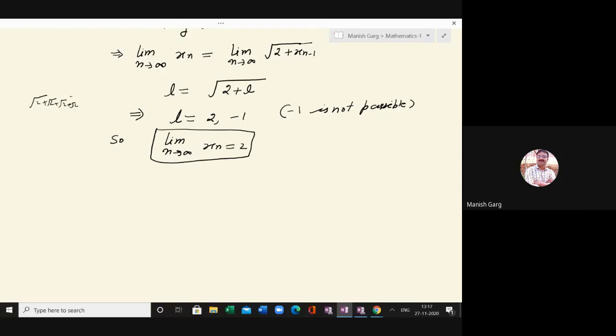You have seen this type of problem in intermediate also. Otherwise, no idea. If you are able to prove xn is less than or equal to 3, that is okay, or xn is less than or equal to 4. But if you take 2, because 2 is the supremum, you can easily apply mathematical induction.